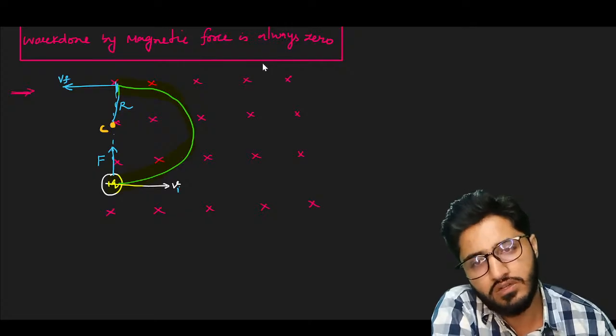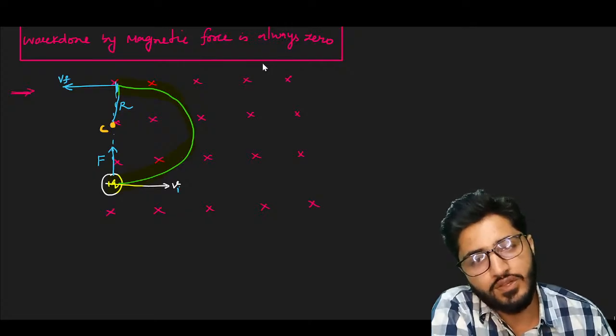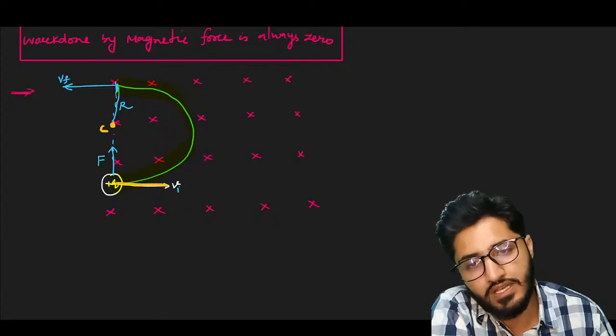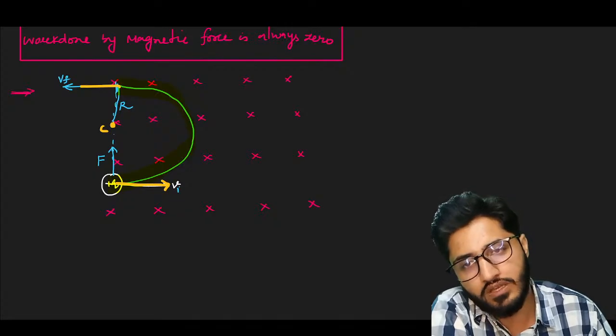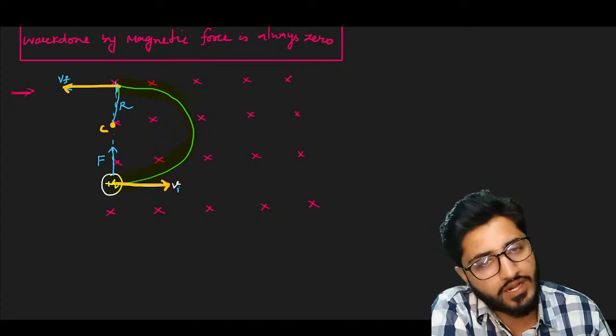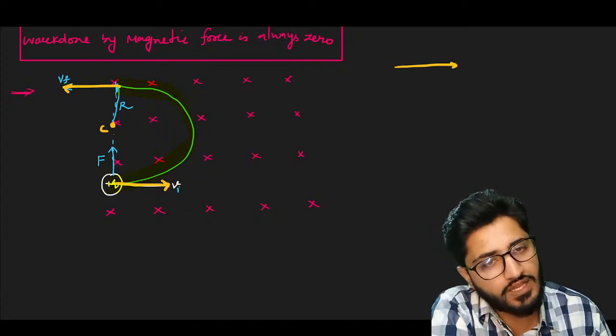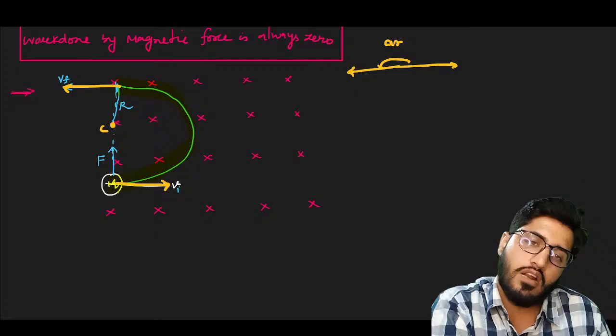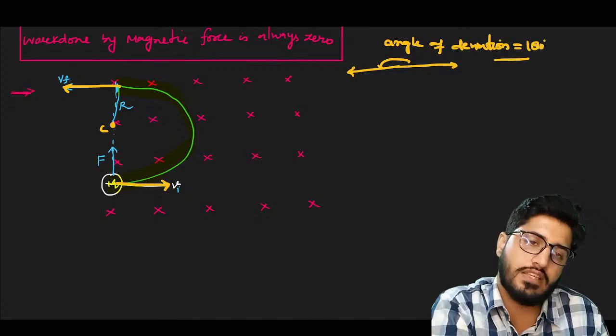You can see my particle initially is going in this way, and at the end going in this way. So what is the angle of deviation? I guess the angle of deviation equals 180 degrees in this case.